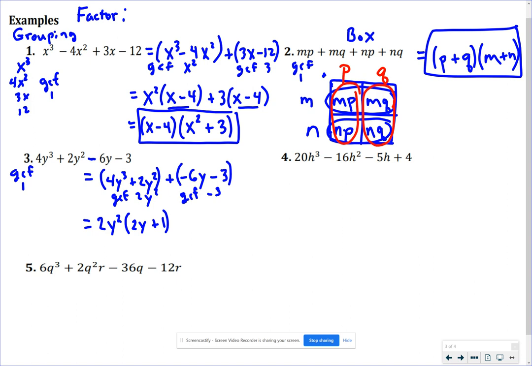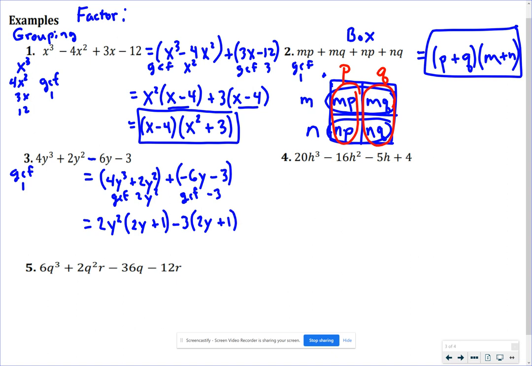So I'm not just going to pull out a 3, I'm going to pull out a negative 3. So take the GCF out in front, and then negative 6y divided by negative 3 is positive 2y. Negative 3 divided by negative 3 is positive 1.